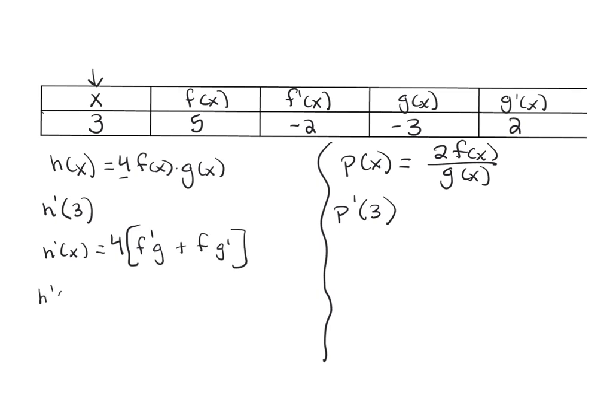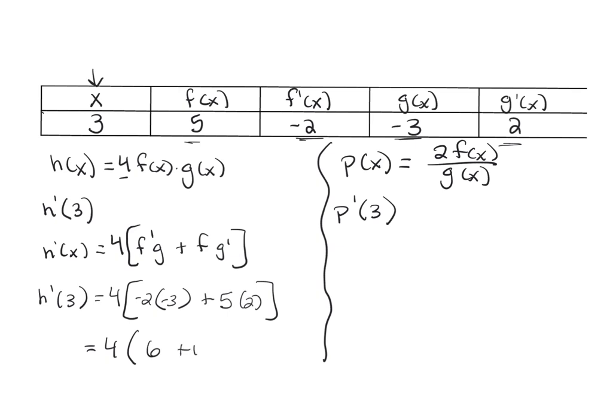So to do the h prime of 3, we're going to have 4, and then f prime of 3 is negative 2, times regular g of 3 is negative 3, plus regular f at 3 is 5, and then g prime at 3 is 2. So to evaluate that, I've got 4, and then 6 plus 10, so 16 times 4 is 64.